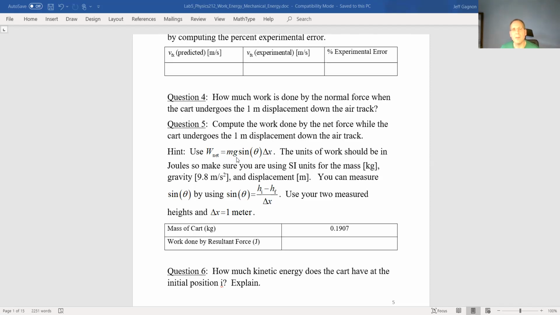So it's simply going to be mg sine theta times delta x. And instead of trying to figure out the angle, since it's too hard to measure, we can just use the fact that sine theta is h initial minus h final over delta x. From that, you should be able to compute the net work. That'll be in joules.